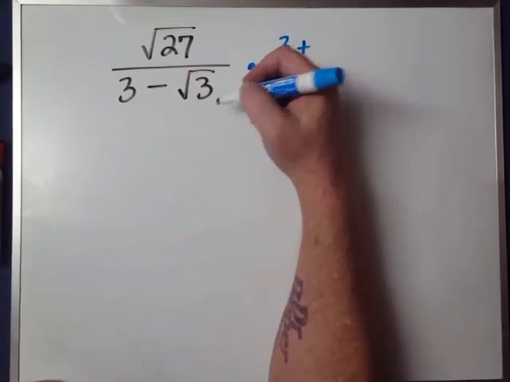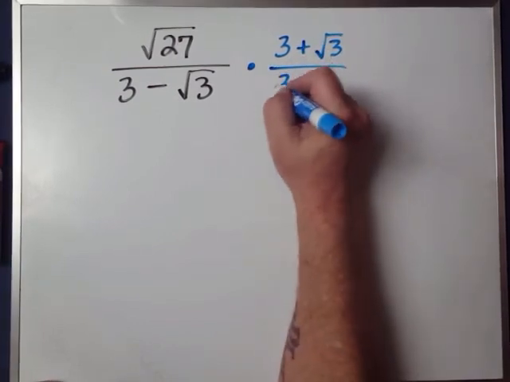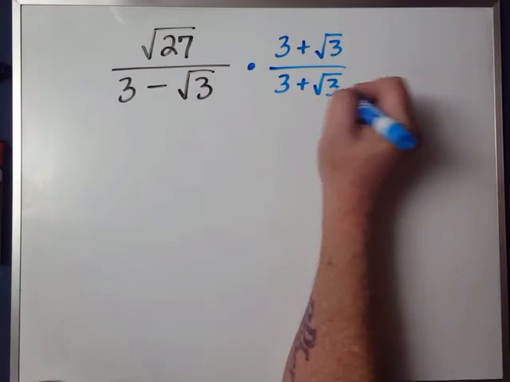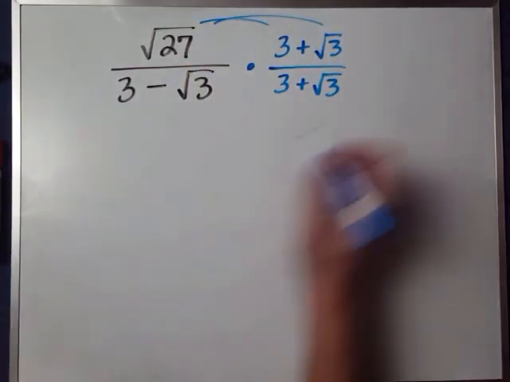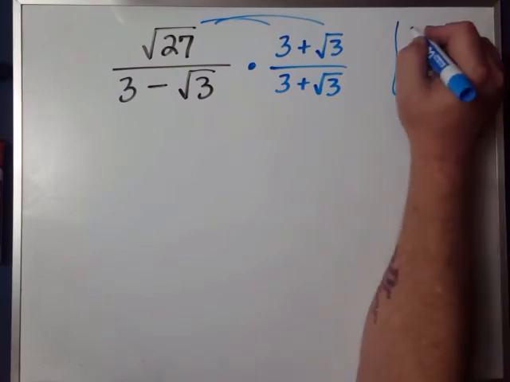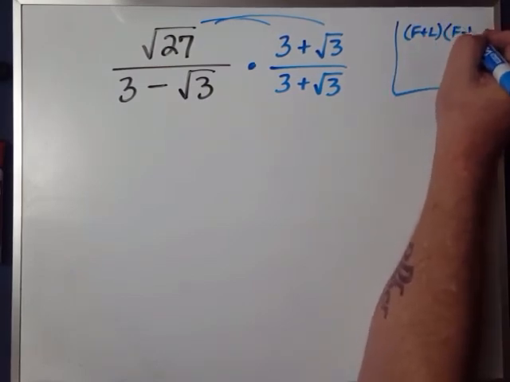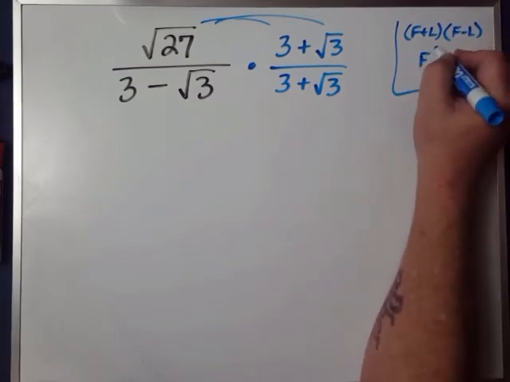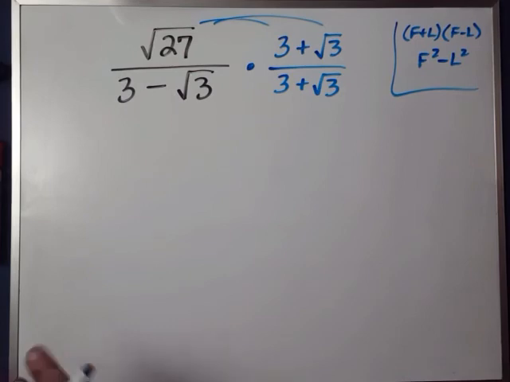The denominator is 3 minus the square root of 3. My conjugate then is 3 plus the square root of 3. In the top, we'll need to distribute. In the bottom, we will use our special product rule that says the product of two conjugates is the first squared minus the last squared.